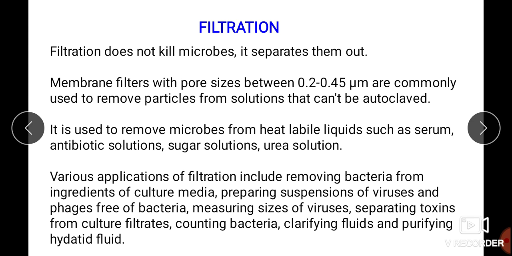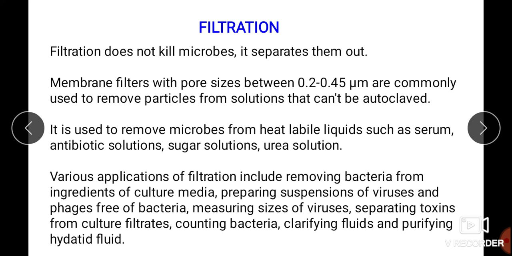Filtration: a number of filters are used, such as the diatomaceous earth filter or membrane filters. But in filtration there is no killing of microbes; the microbes are separated out of the material. Membrane filters with a pore size between 0.2 to 0.45 micrometers are commonly used to remove particles from a solution.